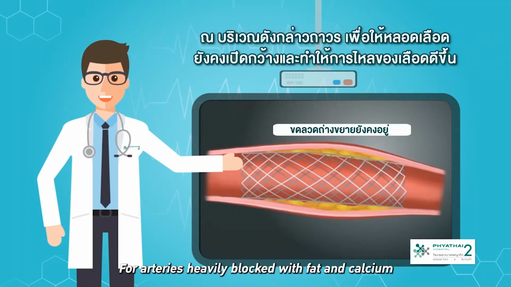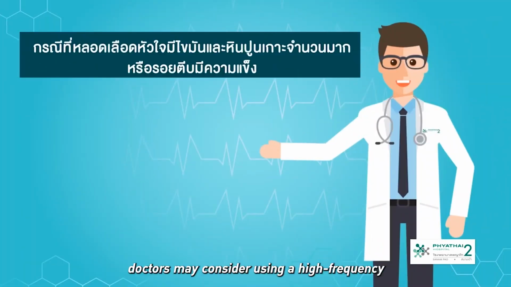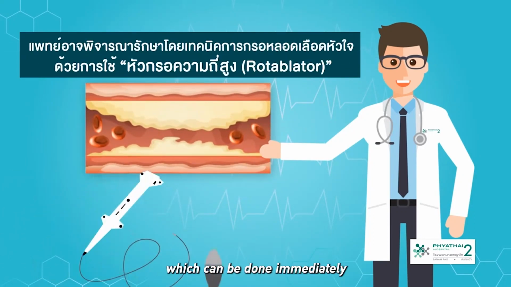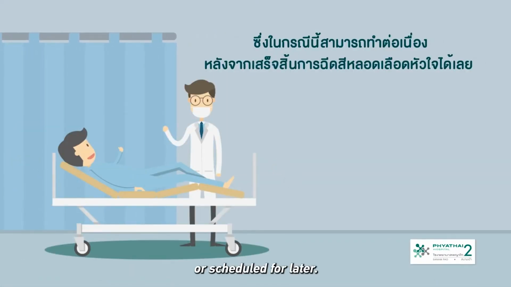For arteries heavily blocked with fats and calcium or very rigid constrictions, doctors may consider using a high-frequency rotational atherectomy device, or rotoblator, which can be done immediately after coronary angiography or scheduled for later.